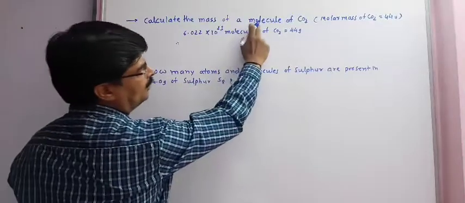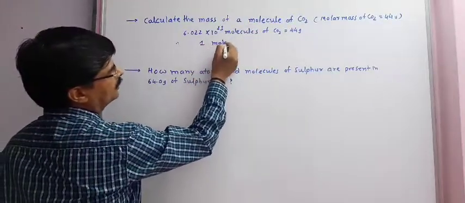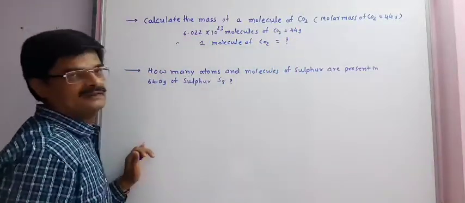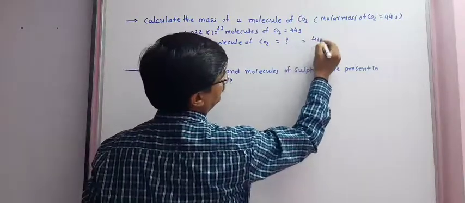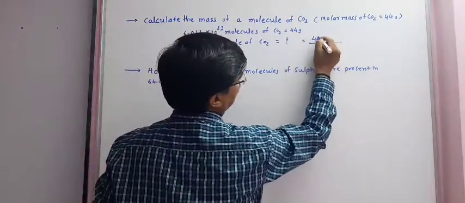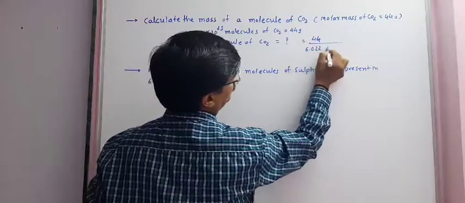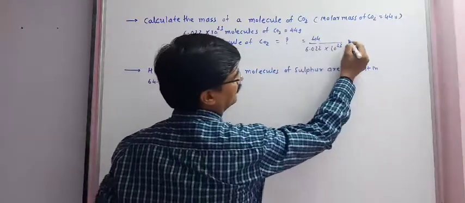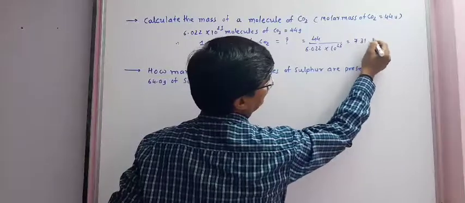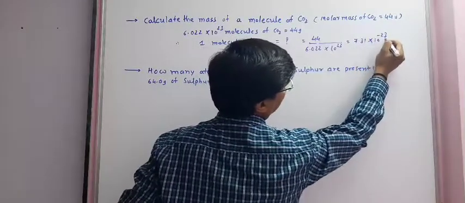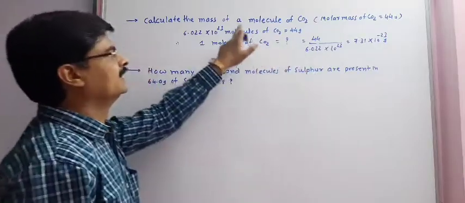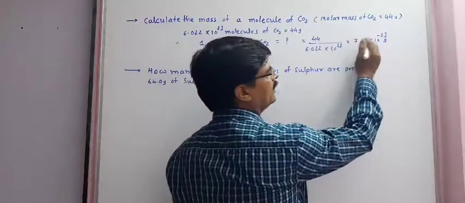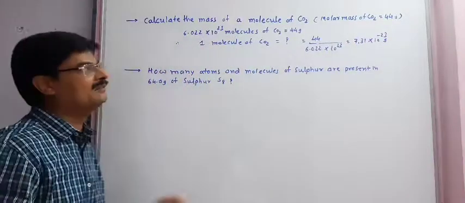Therefore, one molecule of CO2 has what mass? So we can calculate 44 divided by 6.022 into 10 raised to 23. On solving, we will get nearly 7.31 into 10 raised to minus 23 gram. So we can say that a molecule of CO2 has 7.31 into 10 raised to minus 23 gram mass.